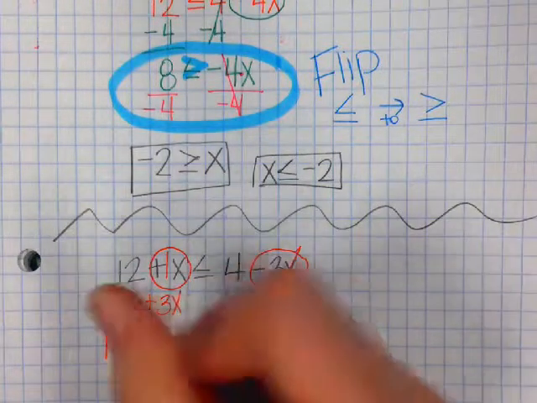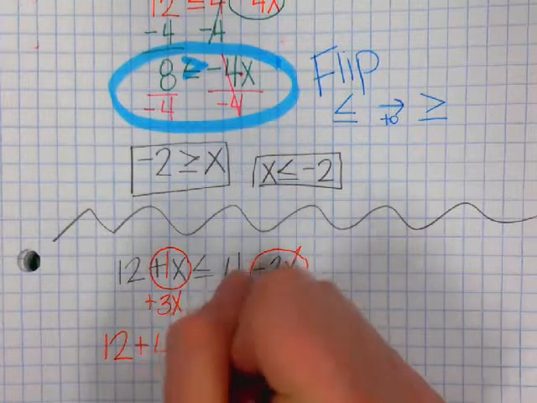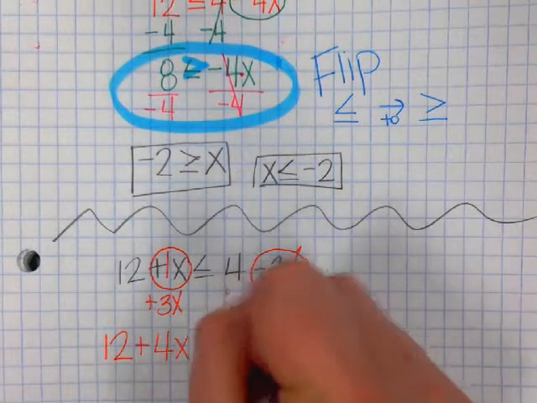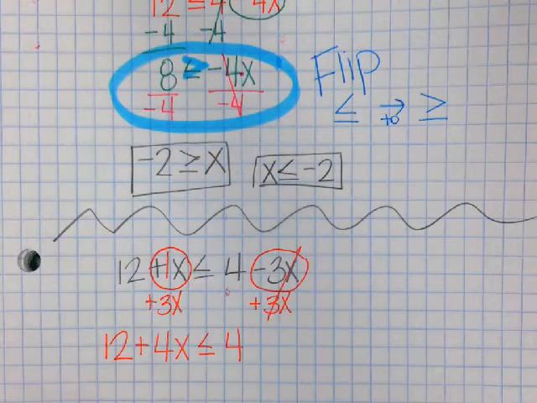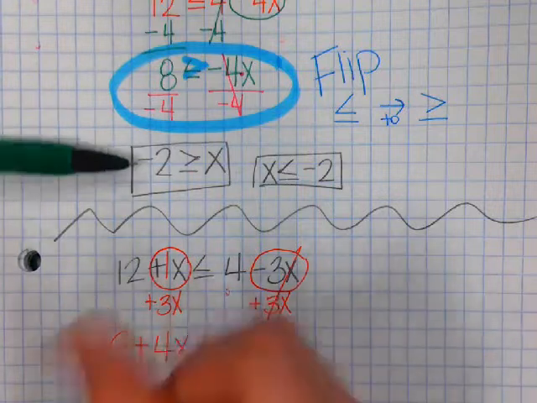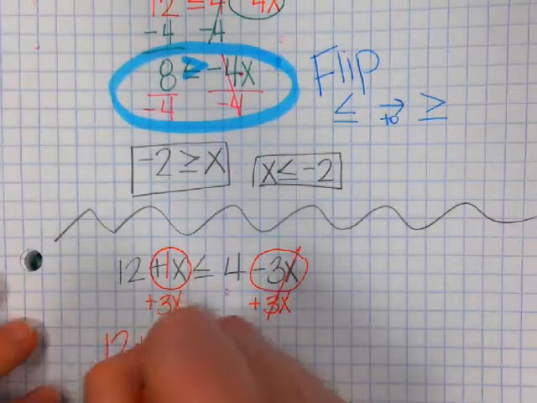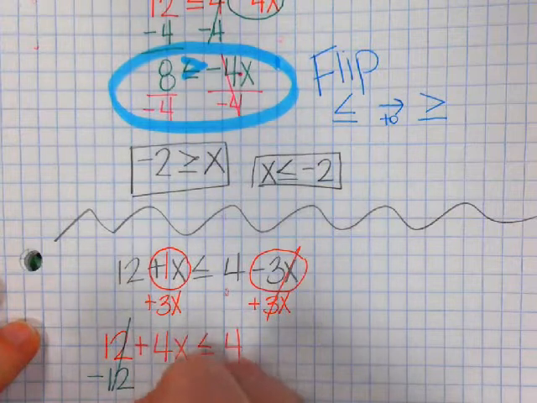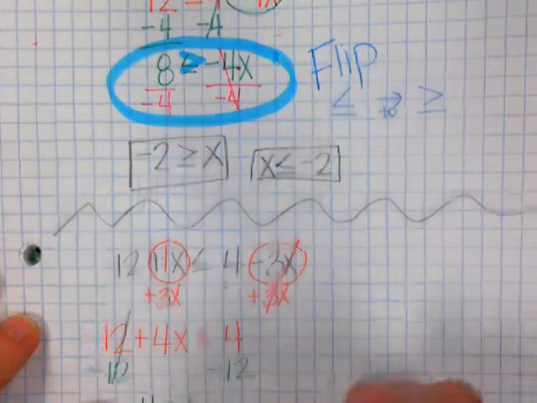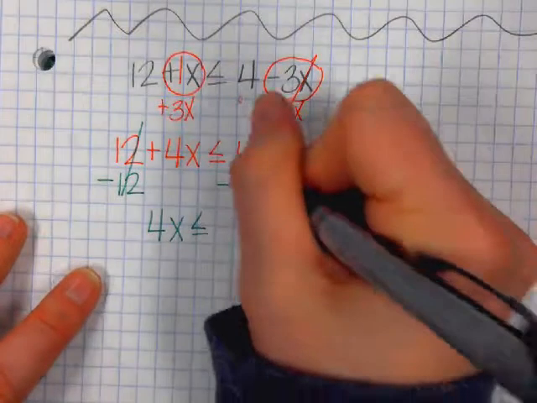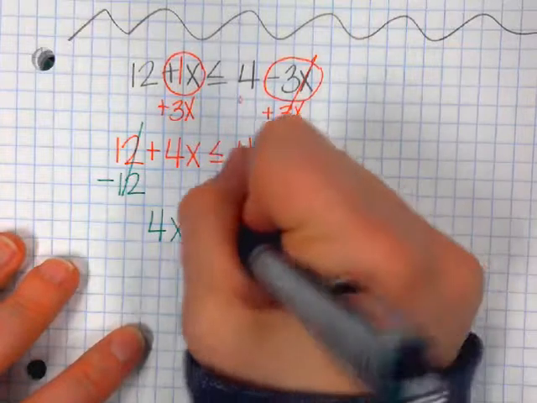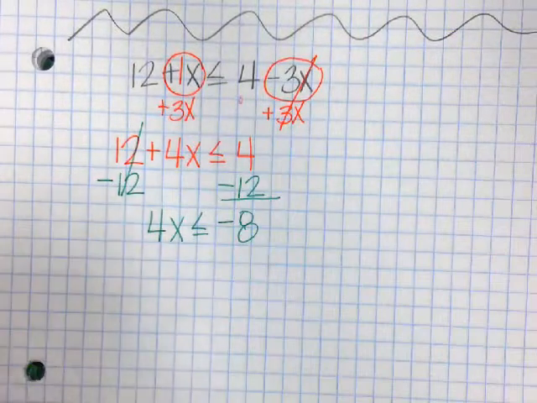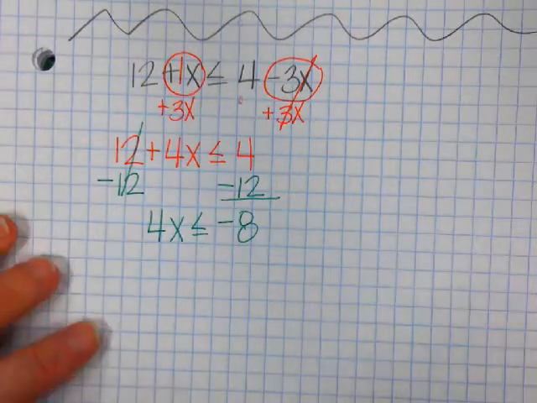So it'd be 12 plus 1x plus 3x is 4x, less than or equal to 4. Go ahead and subtract the 12, subtract the 12. So it'd be 4x is less than or equal to 4 minus 12 would be negative 8.